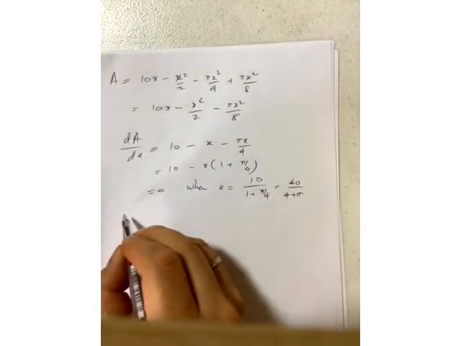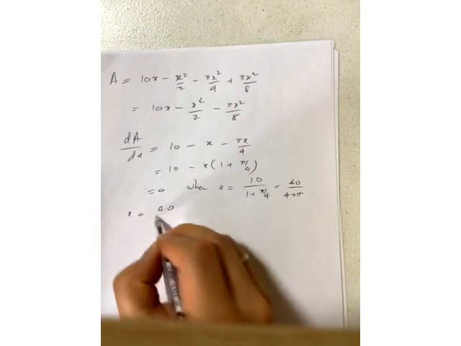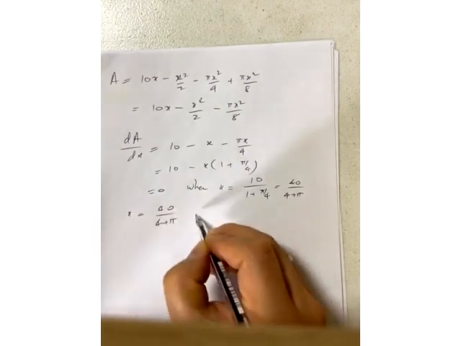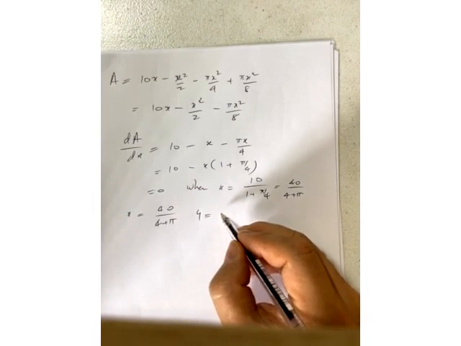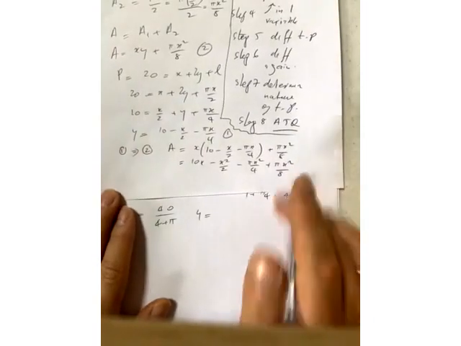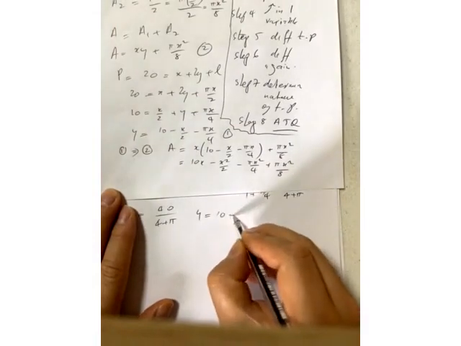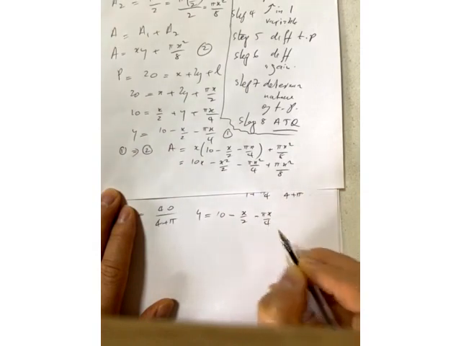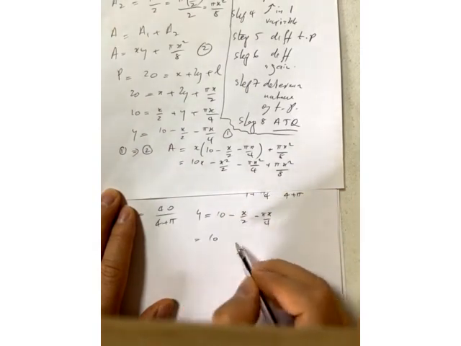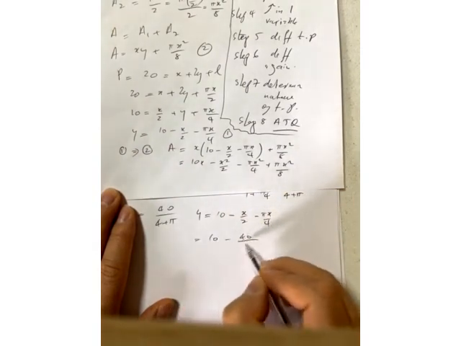All right, so when x is equal to 40 on 4 plus pi, y then is equal to the expression you found before, don't forget, and I'll just put it up here so you can see. So y was 10 minus x on 2 minus pi x on 4. So you just substitute x into that.